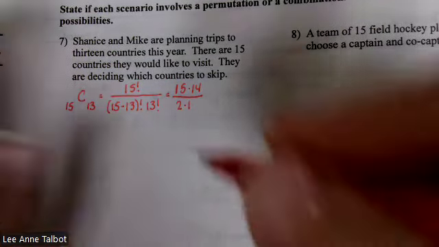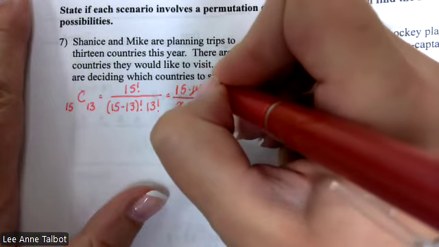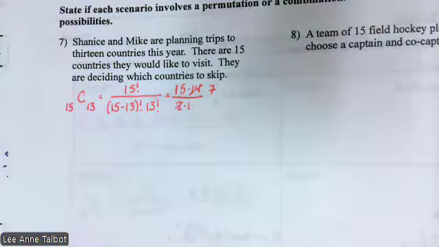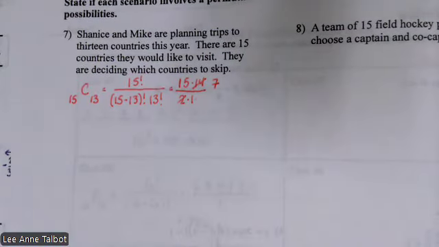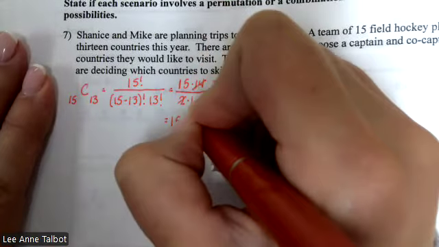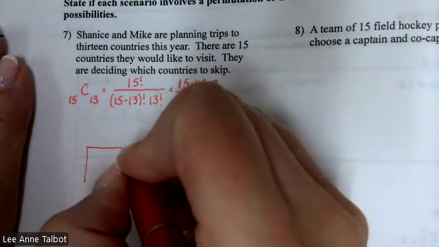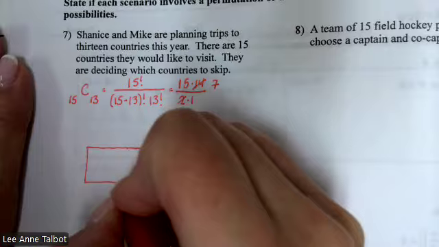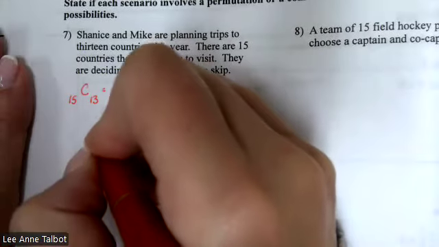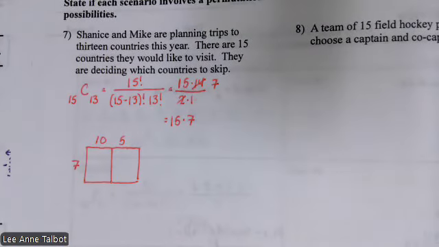Okay. Now what I'm going to do is cancel, cancel, and make that 7. And then I'm going to go 15 times 7. There's a bunch of different ways that I can do that, but my favorite way is to say 10 and 5 and 7.